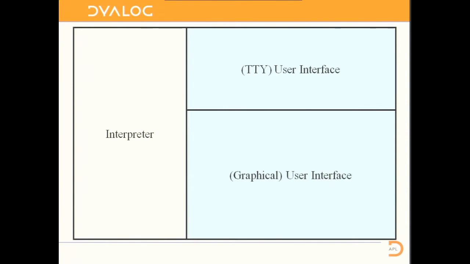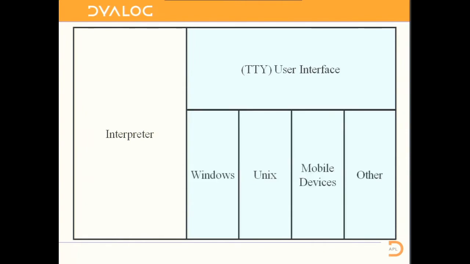We have a TTY, a text-based user interface that you see currently on the non-mainline versions on Linux and AIX and all the Unix platforms. And then there is a graphical user interface that we see on a number of different GUI devices, Windows, obviously, mainline versions of Unix, for example, mobile devices, and anything else that we may run the interpreter on that has a graphical front end.